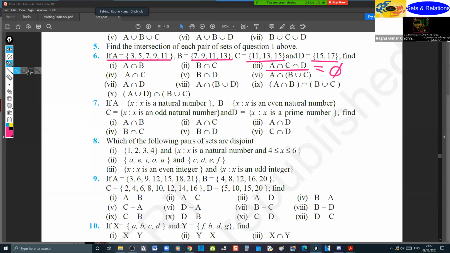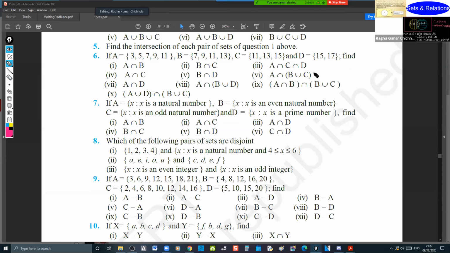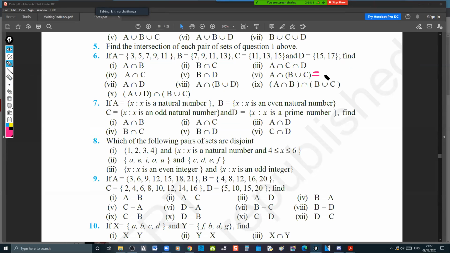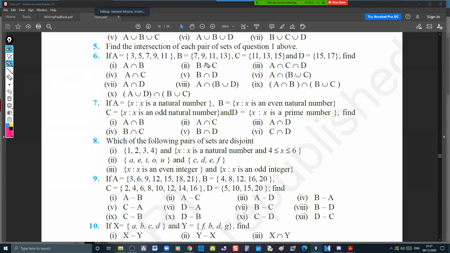Okay. Then let us understand how to write that sixth one. A intersection B union C. What is A? 3, 5, 7, 9, 11. What is B union C, please? B union C is 7, 9, 11, 13, 15.